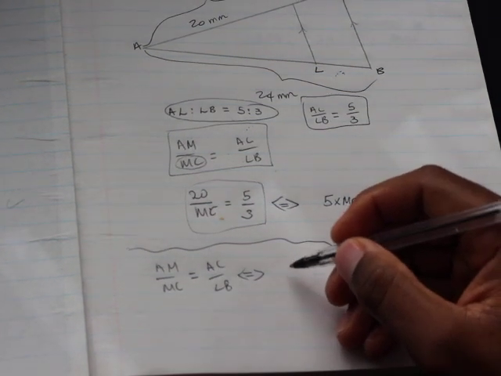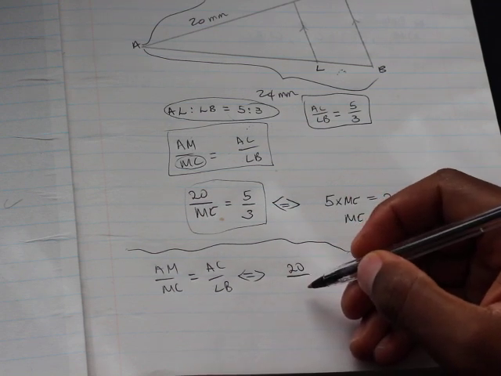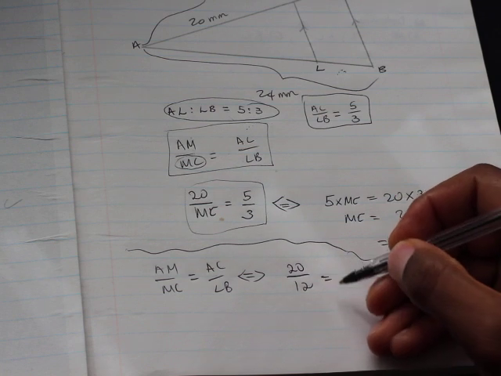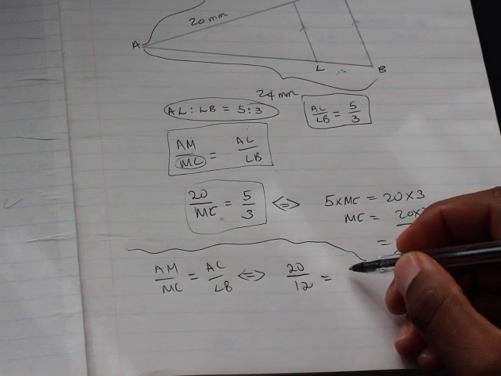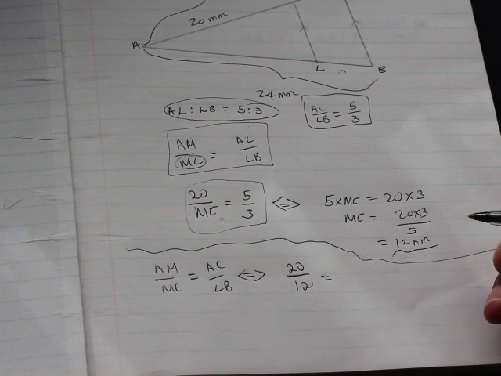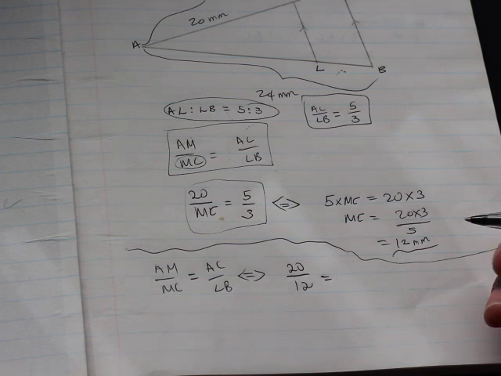So basically now we've got 20 divided by 12 must be equal to AL over LB. Do we have our AL? No, we don't have AL. And we were asked to find our LB.